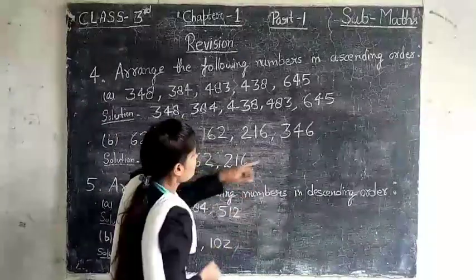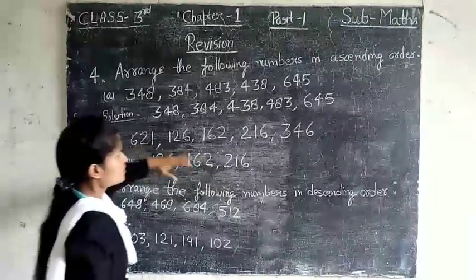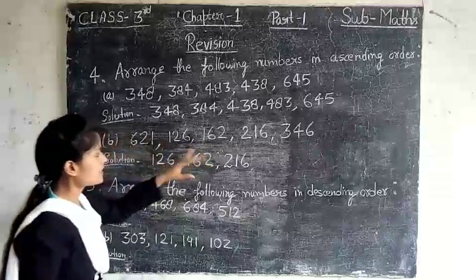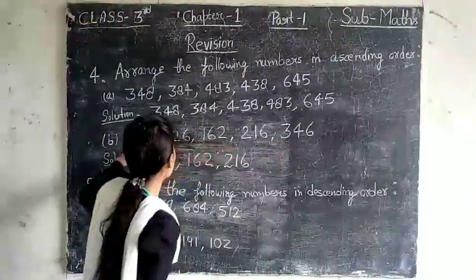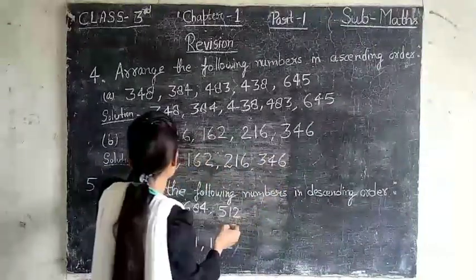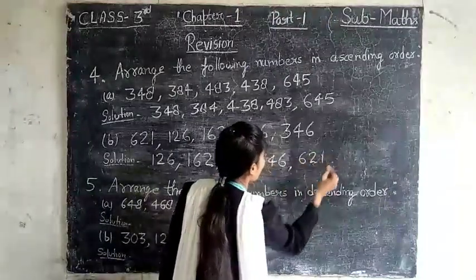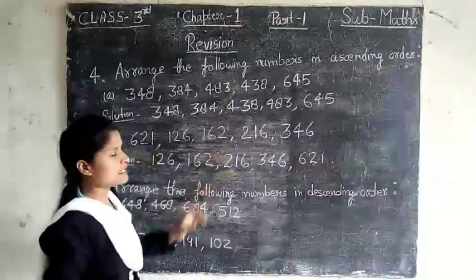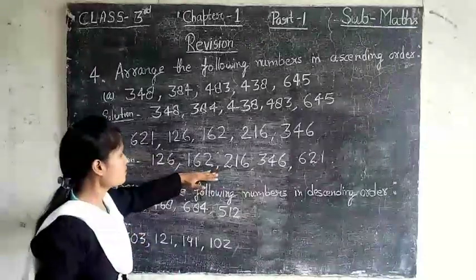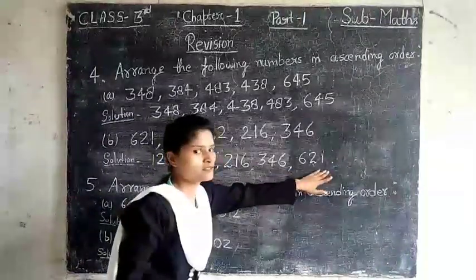Now next 346 is compared with 621. In previous questions we studied greater and smaller numbers, so 346 is smaller than 621, so 621 is here. This order is ascending order, read as 126, 162, 216, 346, 621.